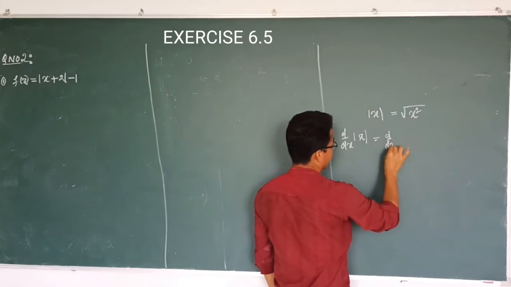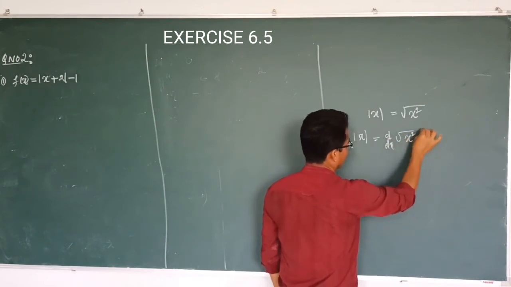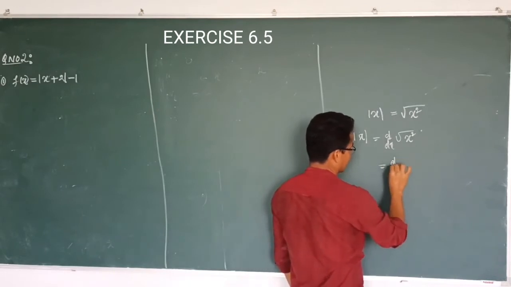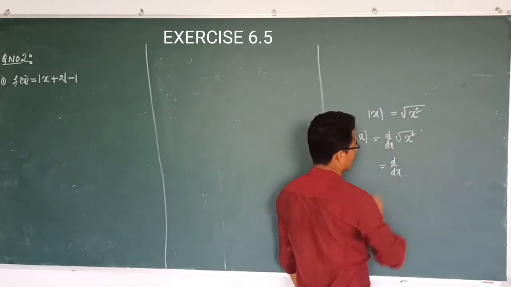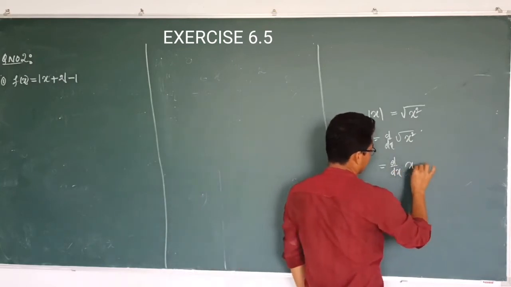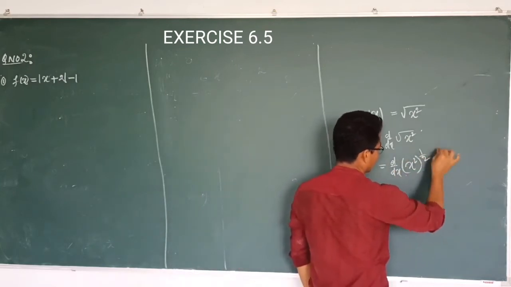Differentiating this, d by dx of root over x square, which is equal to d by dx of x square to the power 1 by 2.